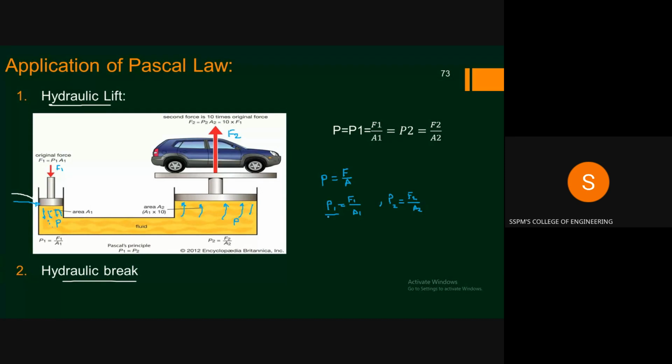Here pressures P1 and P2 remain the same, so P1 is equal to P2, equal to P. So we can write F1 upon A1 is equal to F2 upon A2. With this equation we can determine how much force is amplified on the other side. This is the basic equation for Pascal's law.